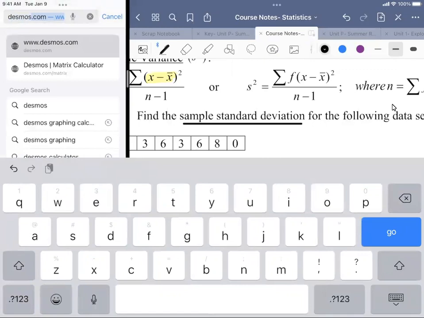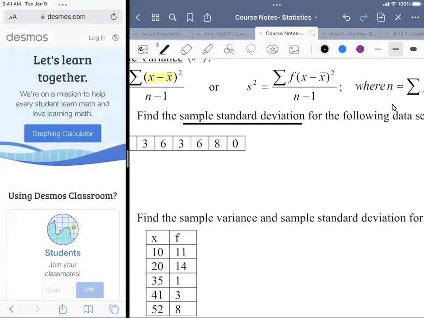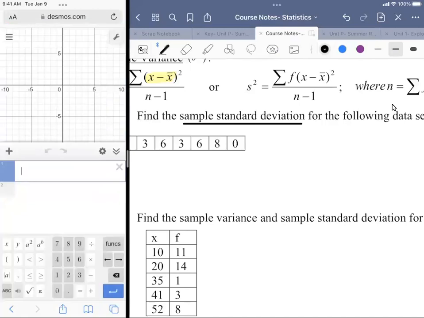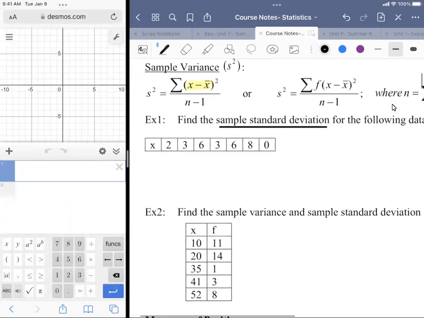Right. So Desmos.com. If you have an account, which I wouldn't expect to be the case at this point, but if you have an account, you can go ahead and log in. But otherwise, you could just go to Graphing Calculator. Right. And if you're doing it on a full screen, it's going to look a little different from this, but it's going to have the same ingredients. All right. Let me see if I can actually do that real quick.